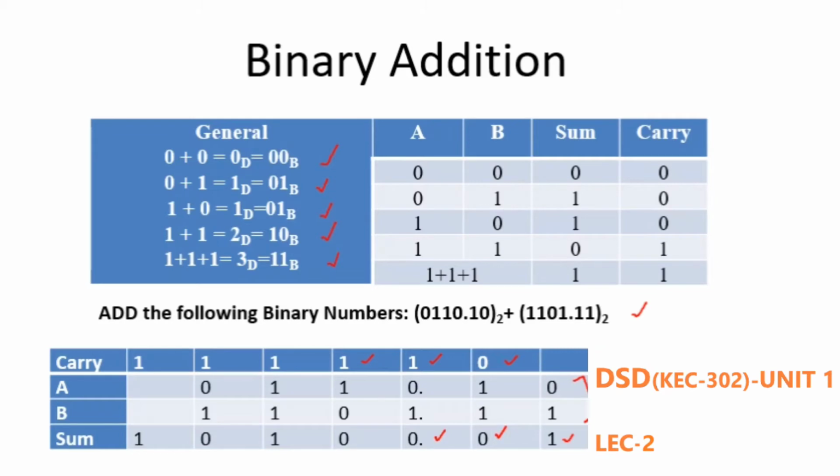Then 1 plus 1 plus 0, again sum 0, carry 1. Triple 1, sum 1, carry 1. 1 plus 1, sum 0, carry 1. Here A and B are not there, so I am adding two zeros. So 1 plus 0 plus 0 becomes 1. So this is my final sum. This is about binary addition.